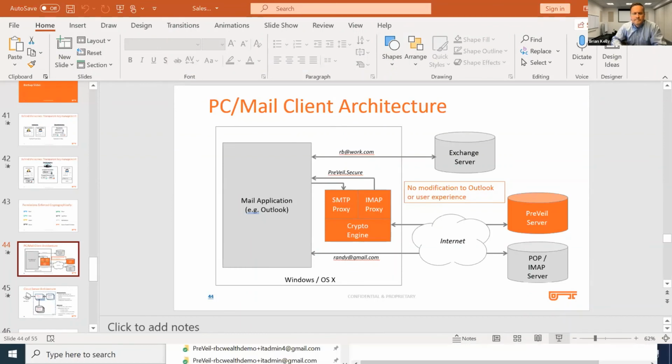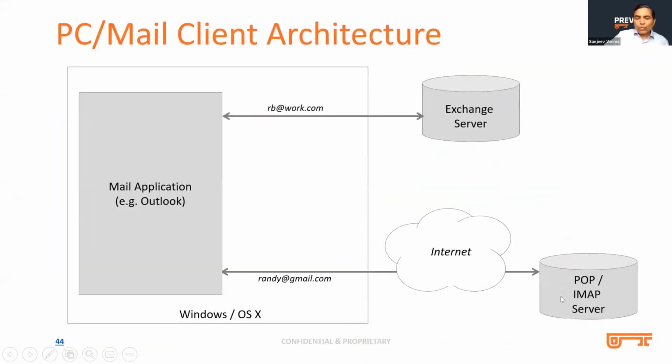Okay, so this is why your encrypted messages never get trapped, and why the deployment never touches your existing servers. When you send an email from Outlook, or you're sharing a file, generally an email is going to an Exchange server or a POP, IMAP, SMTP server. This is what your system looks like.